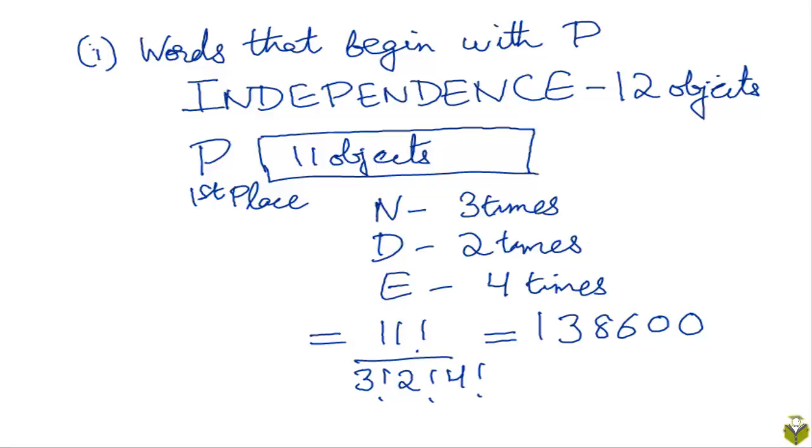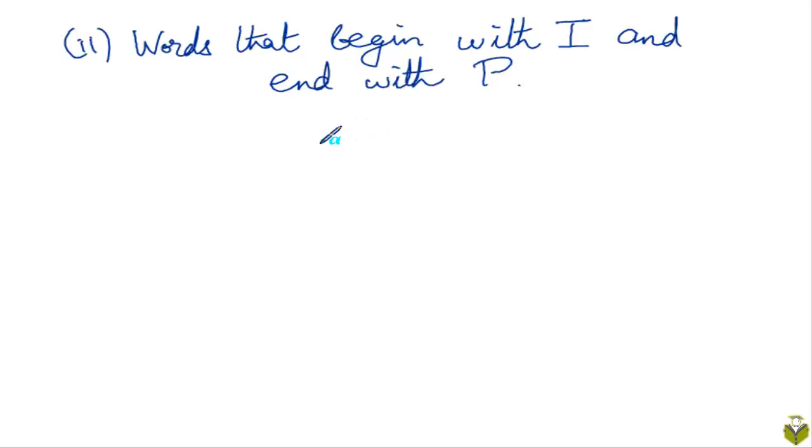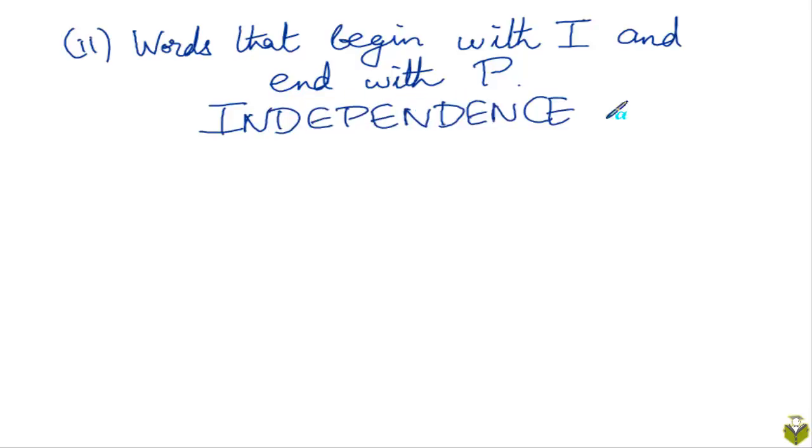If you look at the second part, that is words that begin with I and end with P, I think you should now be able to just do it even if you didn't do the first part. Just try to solve it now. You again have independence, all objects in independence, and there are 12 objects.